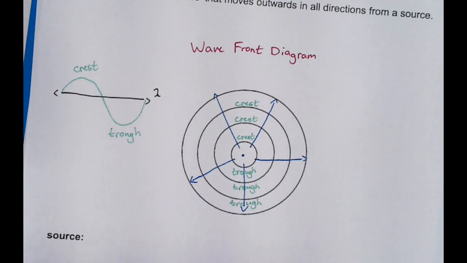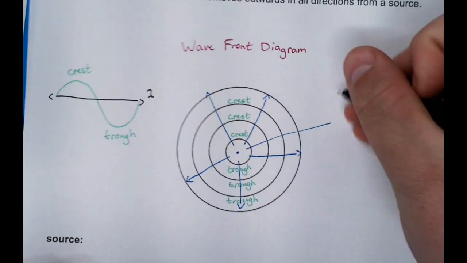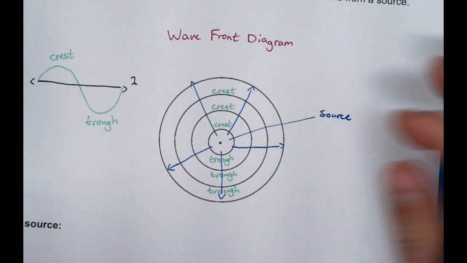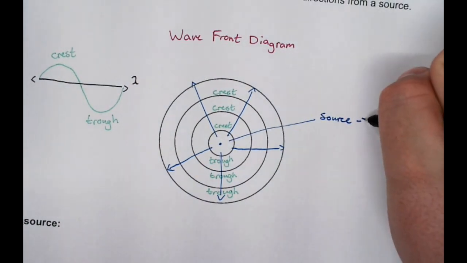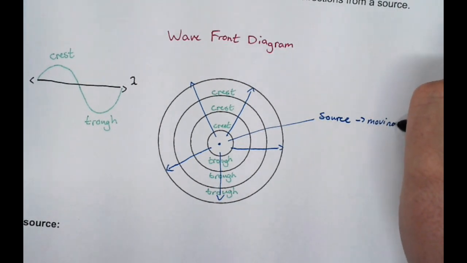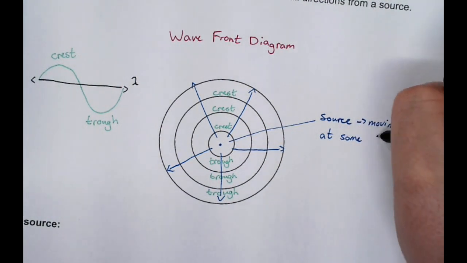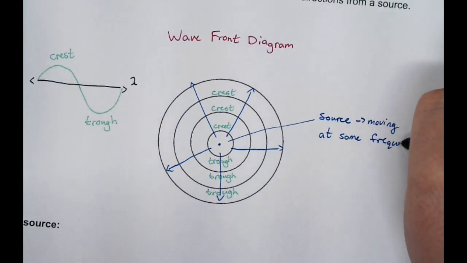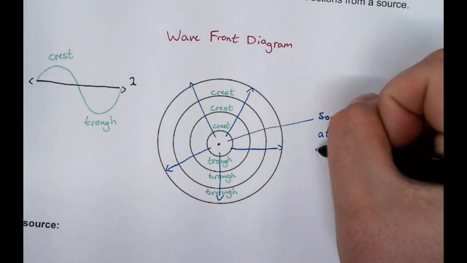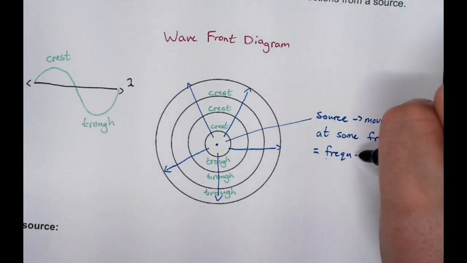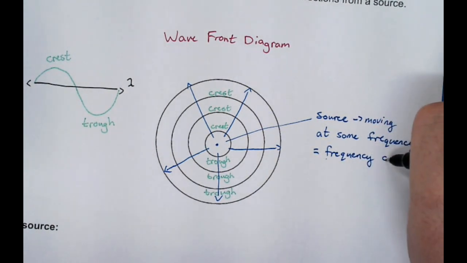Like I mentioned, the other thing that I should make note of, in this wavefront diagram, this point in the middle, we call the source. The source is going to be moving at some frequency, and that's going to be equal to the frequency of the wave.